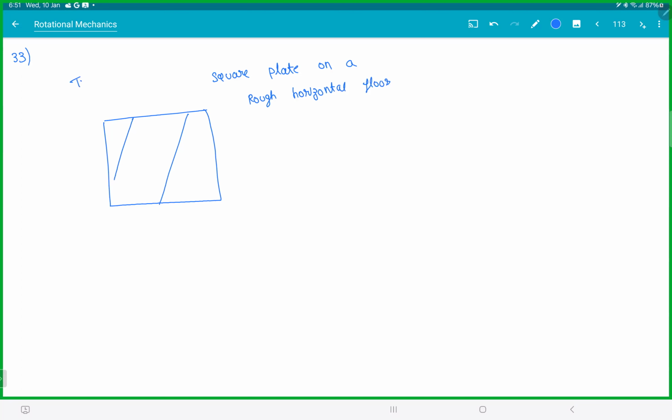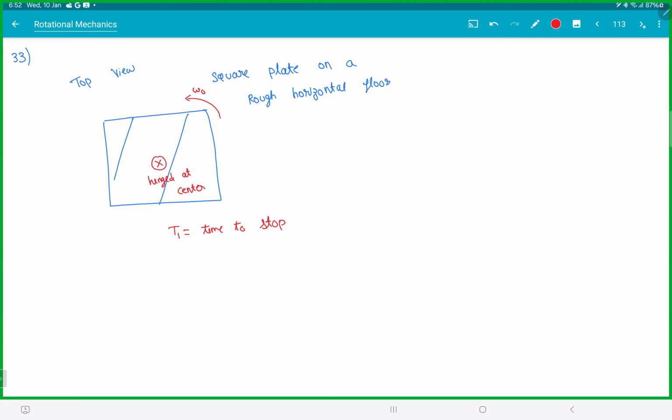This is the top view. This is hinged in the center, and this is given omega naught. So this takes time t1 to stop.